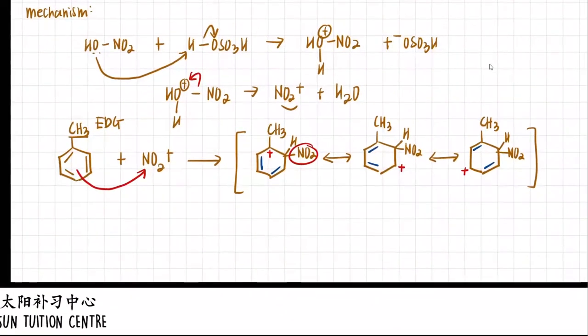Okay, and then lastly, you choose one to get neutralized. Usually teacher will choose the first one. Then you take a negative sign complex to neutralize your charge.